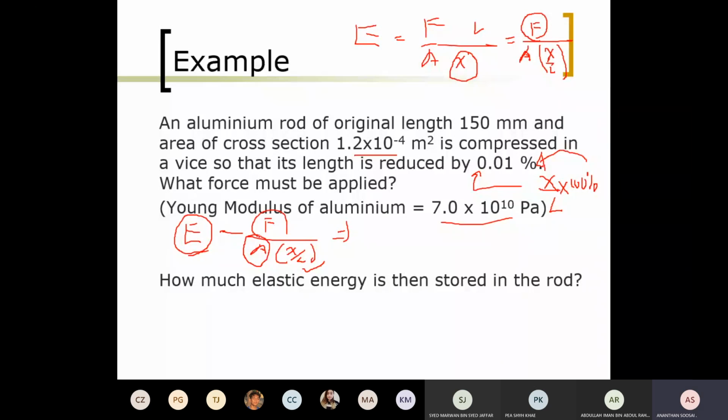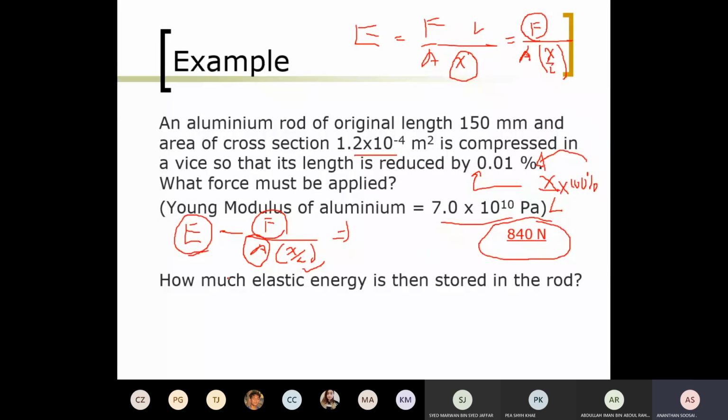So you can find the force. What is the force you get? I hope everyone is getting the same answer. You got 840 Newton. Anyone got a different answer? All of you should get 840 Newton. It's just substitution. I believe everyone managed to get the answer. The only problem is they give X over L together: X over L times 100% is 0.01%.